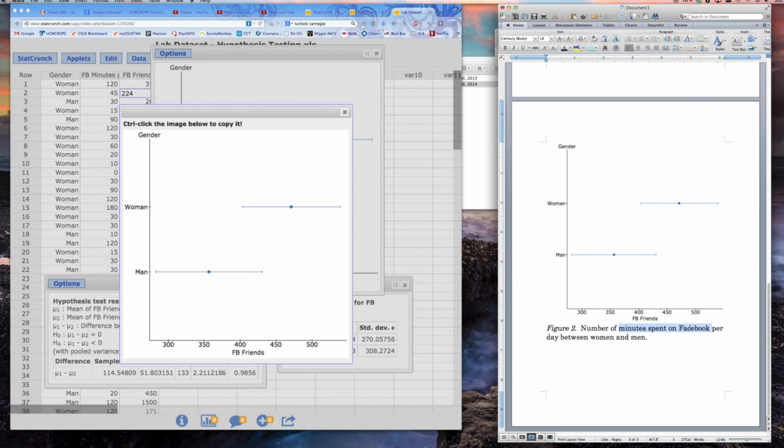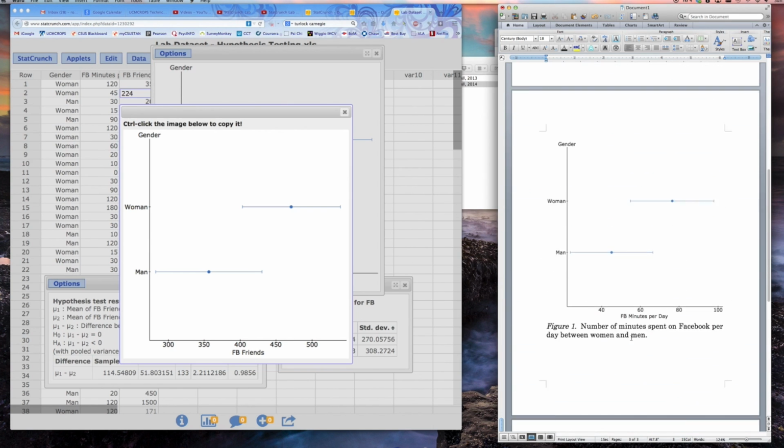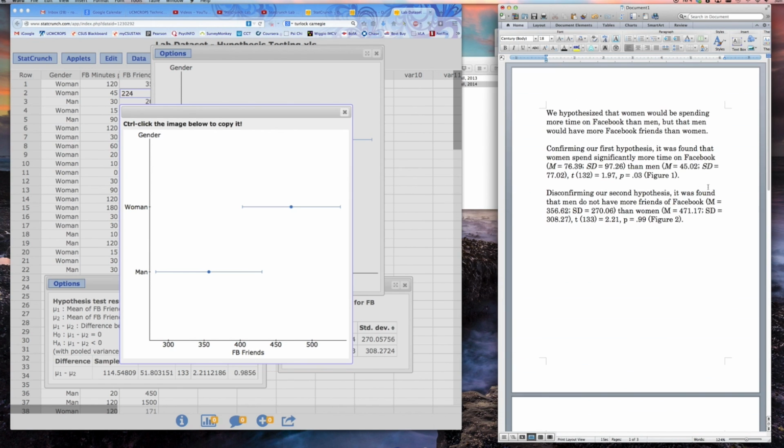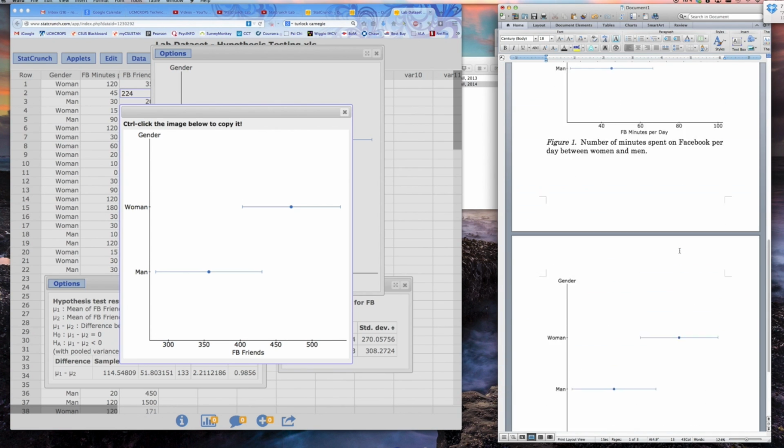We just put number of Facebook friends between women and men. And then the last little bit is just to italicize all of the means and standard deviations, t-value, and the p-value, any statistical acronym that we have. So there we have our hypothesis statement, the result statement number 1, the result statement number 2 for our second hypothesis, along with our 2 graphs.